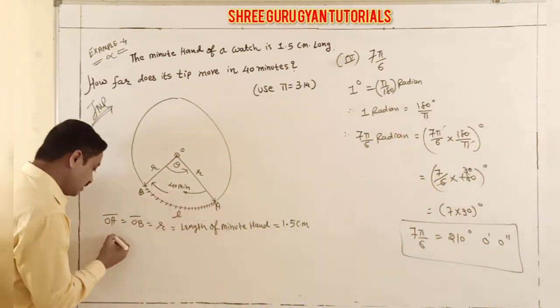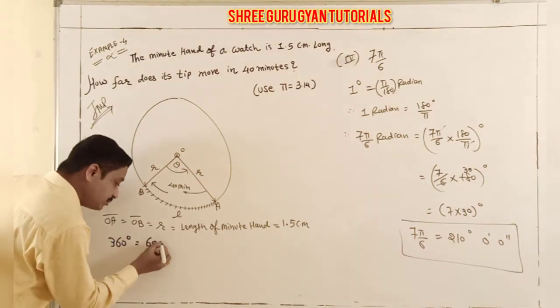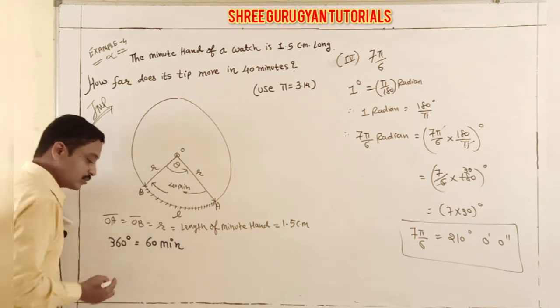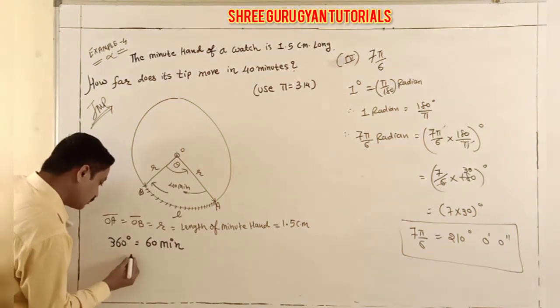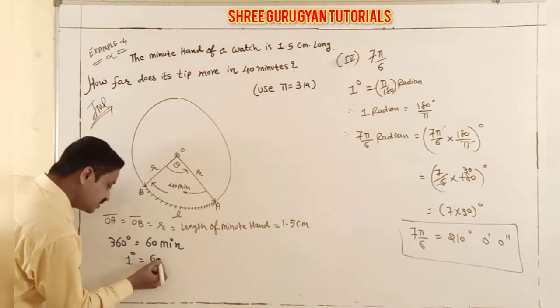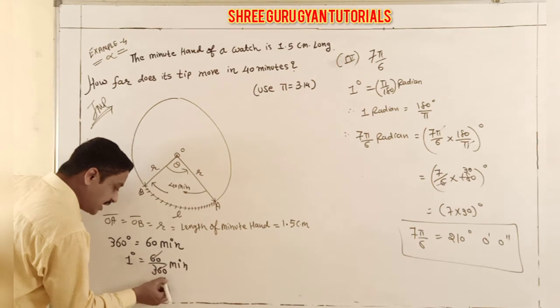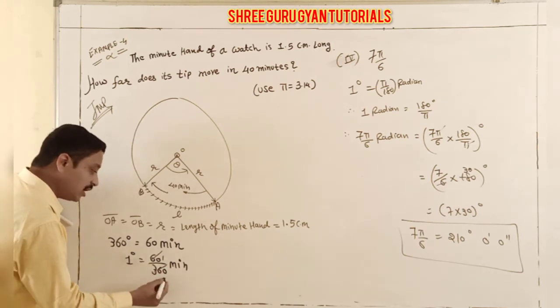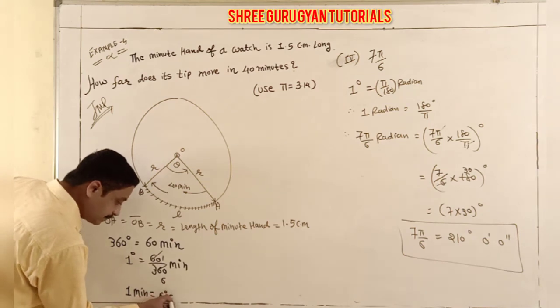Yes, you know that 360 degree is equal to 60 minutes. It means 1 minute is equal to 360 by 60 degree, which is 6 degree.